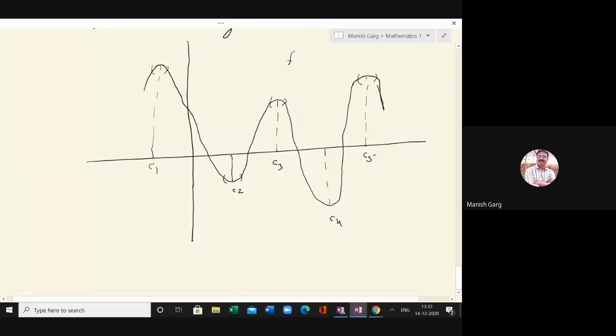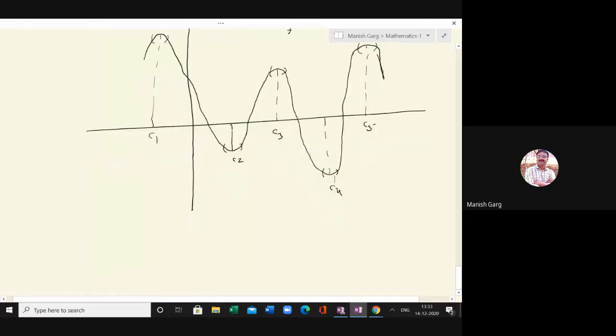So this is a local minima. Again, this is a local minima. So you can write c1, c3, c5 are local maxima, while c2, c4 are local minima. Now suppose you have this interval. So what is the absolute maxima?